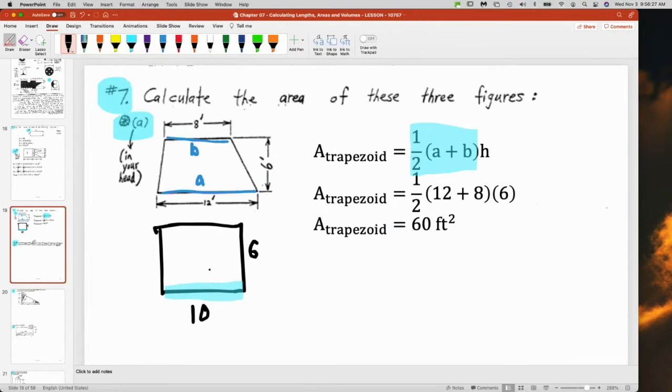How did you figure out that it was 10? Because this part of the formula is 10. 12 plus 8 is 20, and 20 divided by 2 is 10.